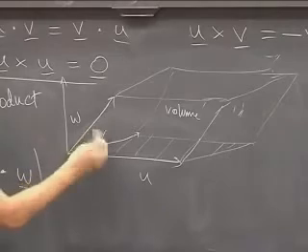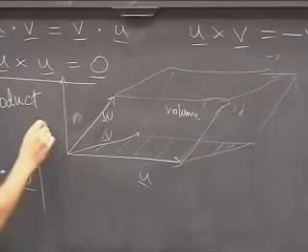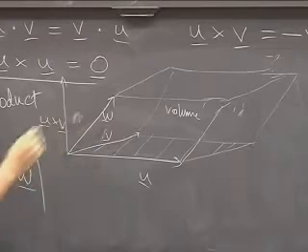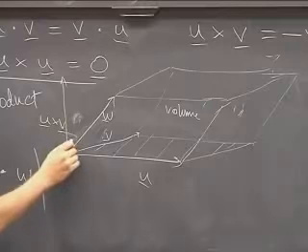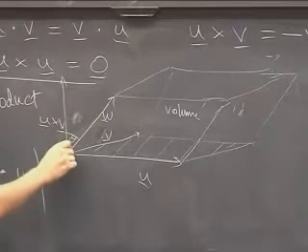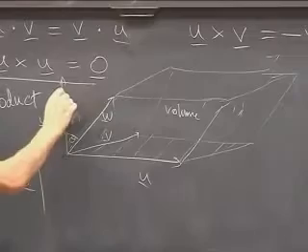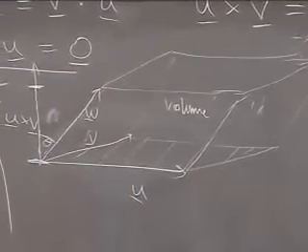So here's my V, here's my W, and here is U cross V. Now, if I then take the dot product with W, what I get is the cosine of the angle between them, times the length of W, which actually is the height along this direction.